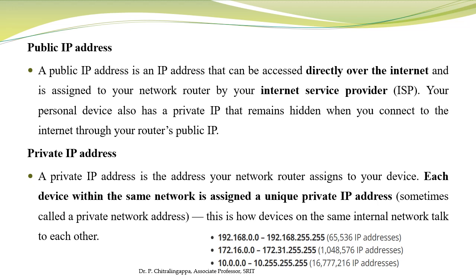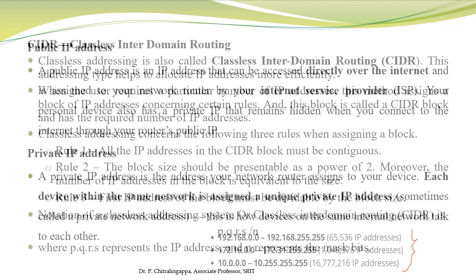A private IP address is the IP address your network router assigns to your device. Each device within the same network is assigned a unique private IP address, sometimes called a private network address. These are some of the private IP addresses. Private IP addresses can be duplicated; the same IP address can be available at different organizations.